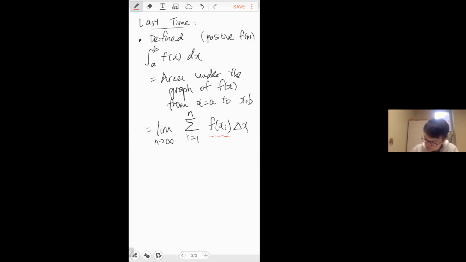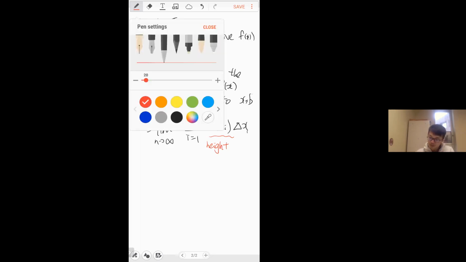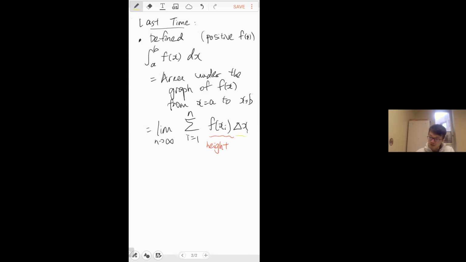So for f of xi, you have n points, and when you plug those into your function, what you get is the height of each rectangle. For each xi, f of xi is the height of that particular rectangle. This thing here is the width of each rectangle.